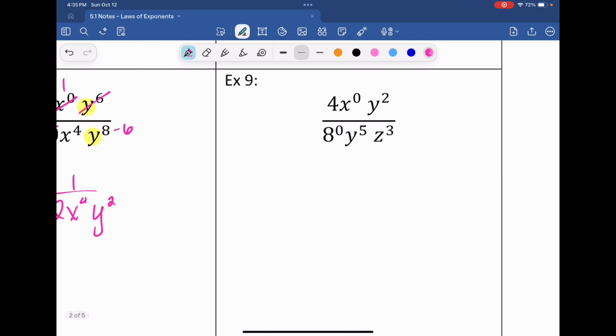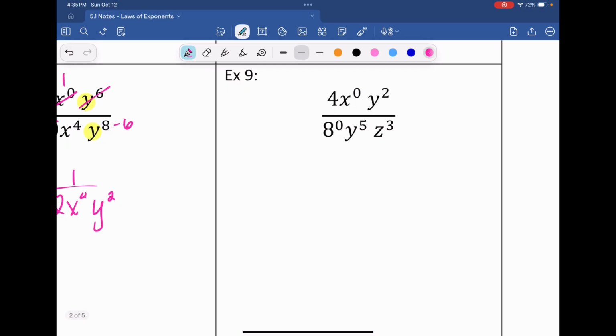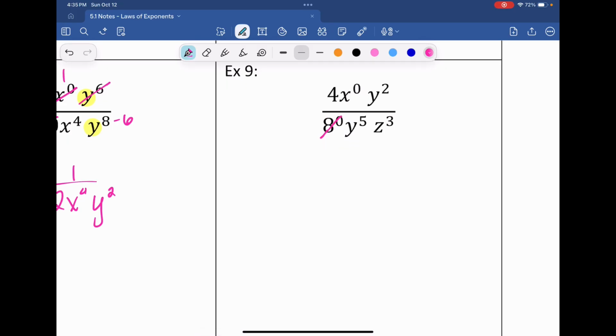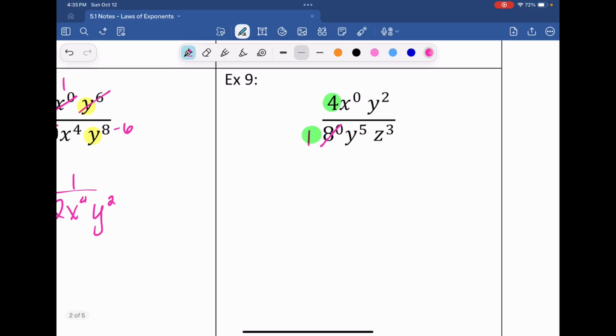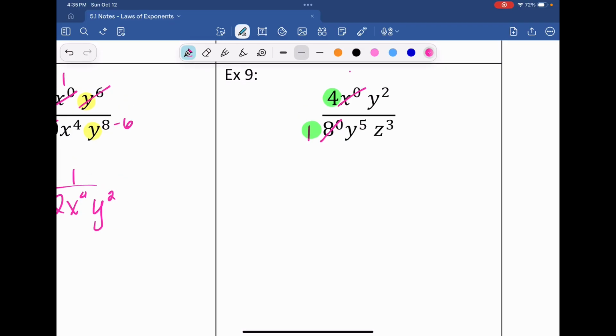All right, so in example 9, you should start with the coefficients, but you have an 8 to the 0 here. 8 to the 0 is 1, which means I don't really need to do anything with the 4 and the 1 because I've already done it. You also have an x to the 0 up here, so that is 1 as well.